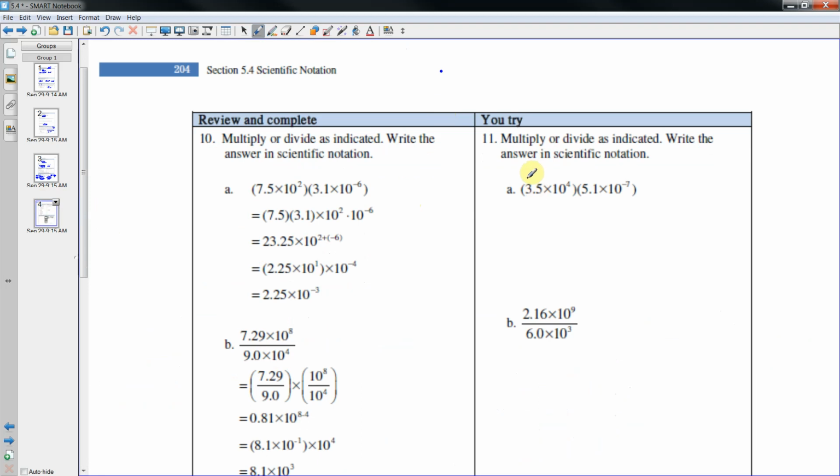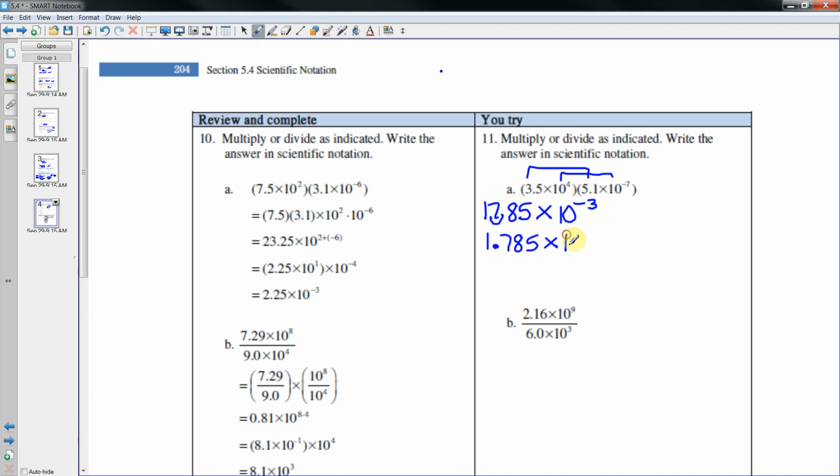I need to take 3.5 times 5.1, that's 17.85, times 10 to the 4th power, negative 7. 4 plus a negative 7 would be negative 3. But 17.85, I need to make it into 1.785.